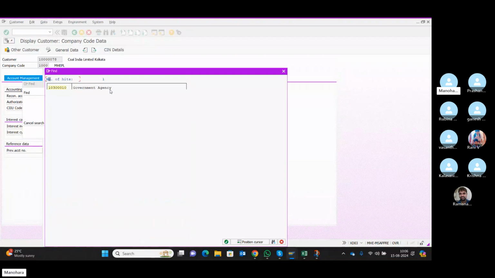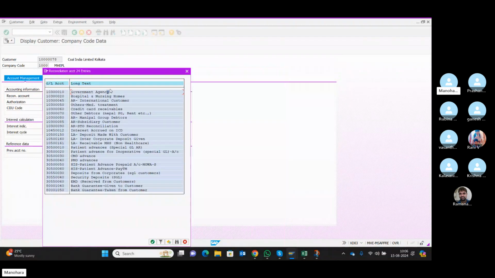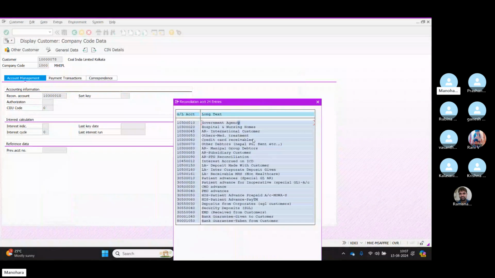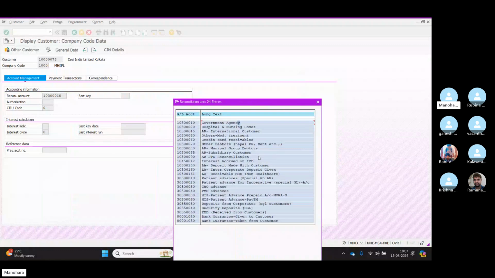I have given government agency. So I have segregated some reconciliations in our companies. For example, one-time vendor, if you are going to practice on the server, you are giving only one-time vendor, international vendor, domestic vendor, right? Like that we are creating our own. So this is government agency, or hospitals, or nursing homes. Like that we are creating here.